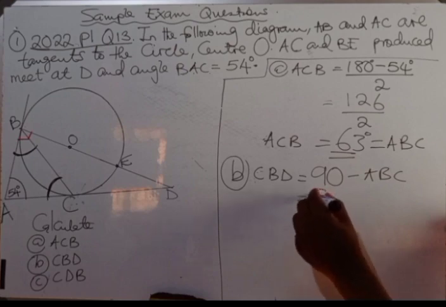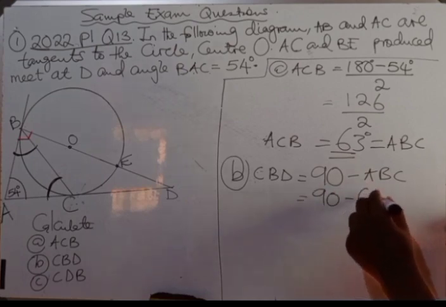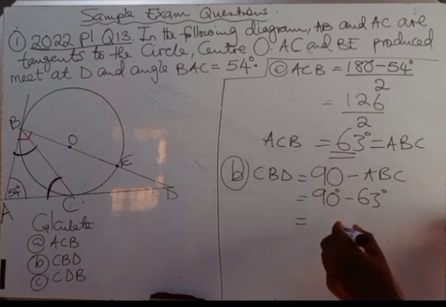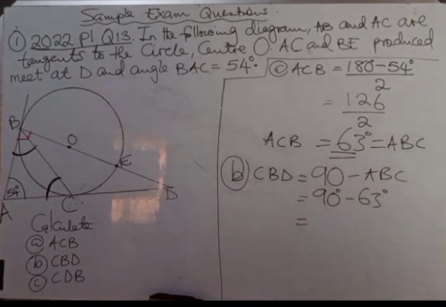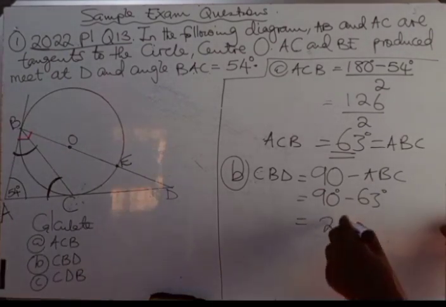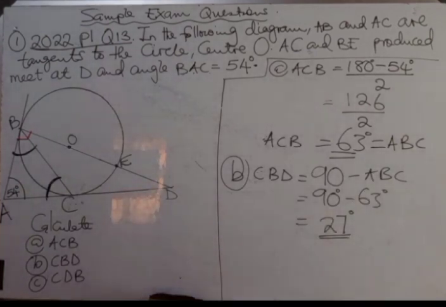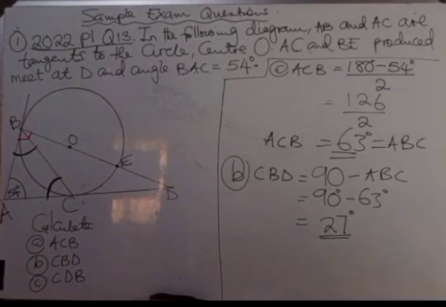So this one will be 90 minus 63 degrees. If from 90 you take away 63, we have 27. So 27 will be the answer for CBD.